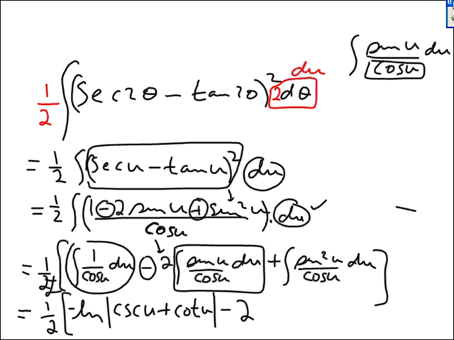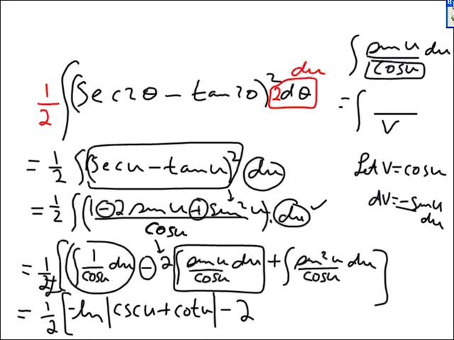If I let v equal cosine of u, that is, the bottom is v. I want dv on top. That would make it an ln problem. dv is negative sine u du. Well, the top is almost that.